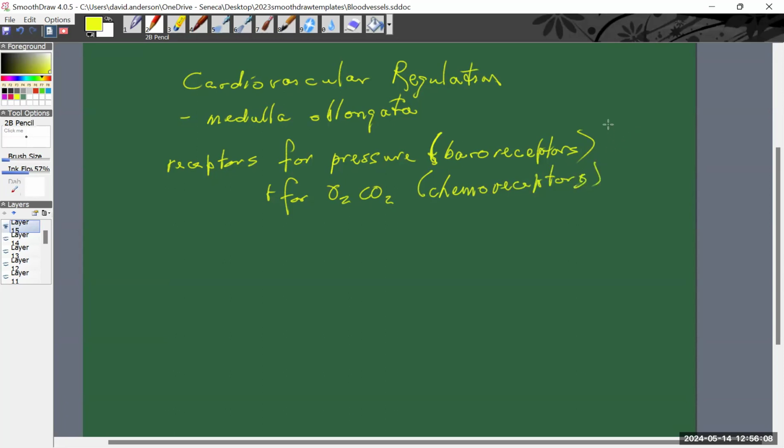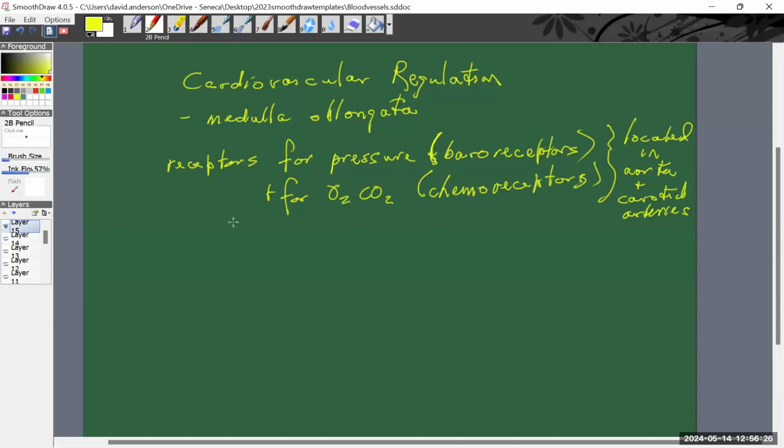And they're located in the aorta and carotid arteries.